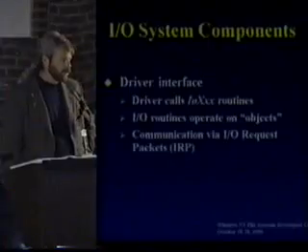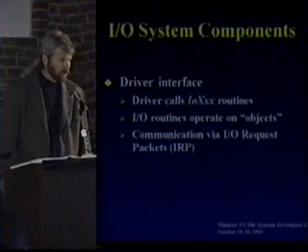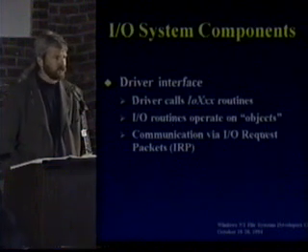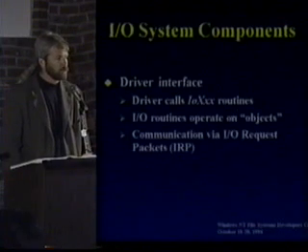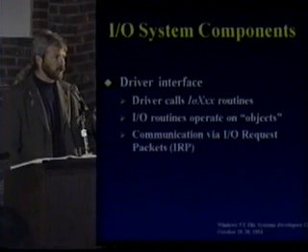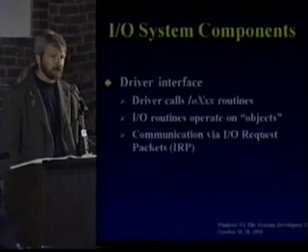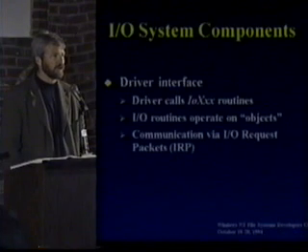And then the driver interface. The driver interface consists of these I/O functions, some of which I just showed you. I/O operations operate on objects. There are device objects and adapter objects and other types of objects, which I'll show you. Communication between the I/O system and device drivers, other drivers, and file system drivers is all via something called an IRP, an I/O request packet.